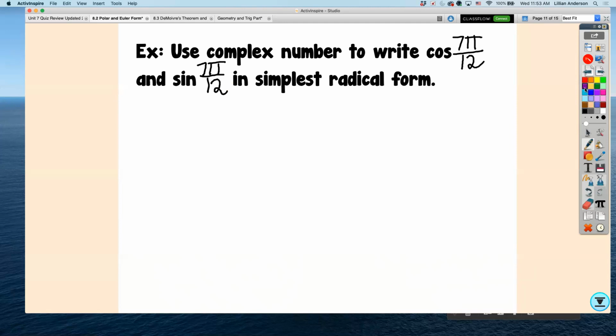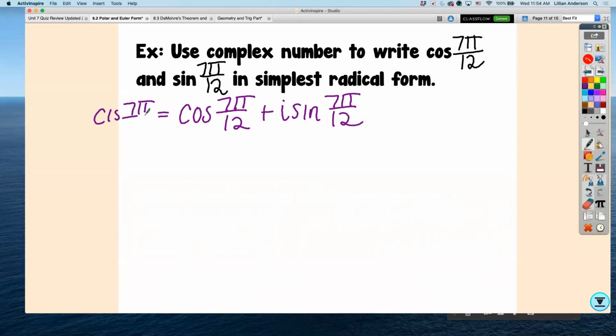Only downside is that cis expanded out would be cosine 7 pi over 12 plus i sine 7 pi over 12. All right.